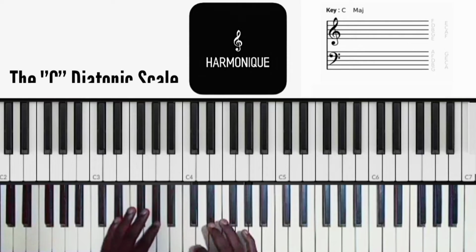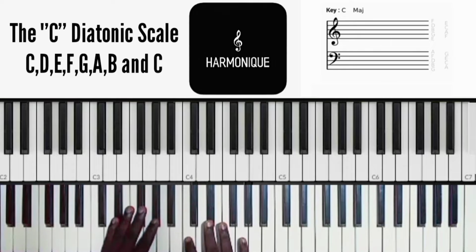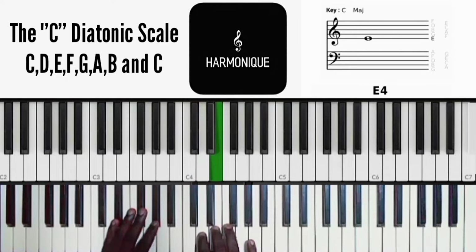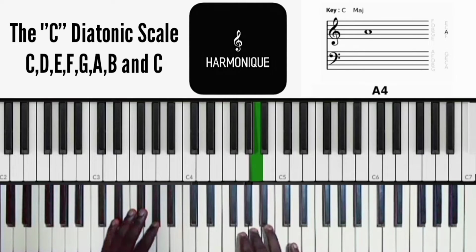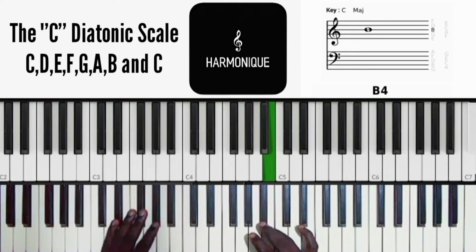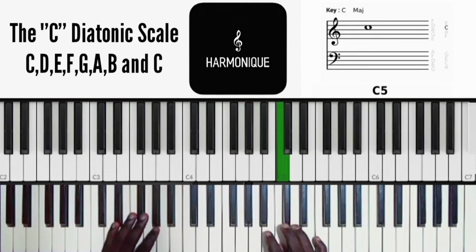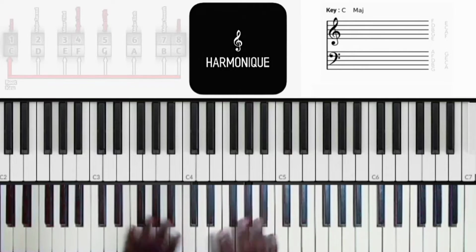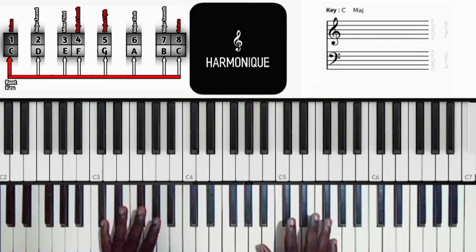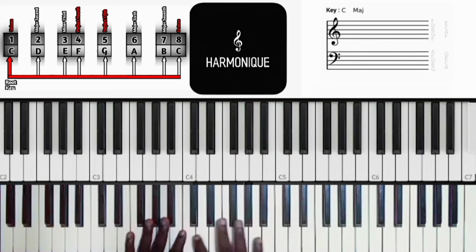So firstly, the keys of the C diatonic scale are C, D, E, F, G, A, B, and finally C, an octave up. The names of the intervals between these keys and their root key, which is C, is what is showing on the screen right now.